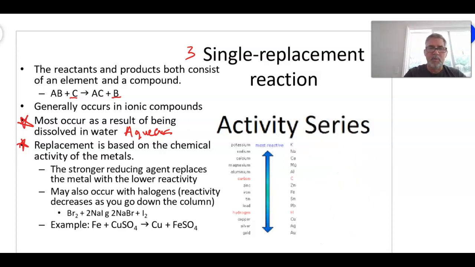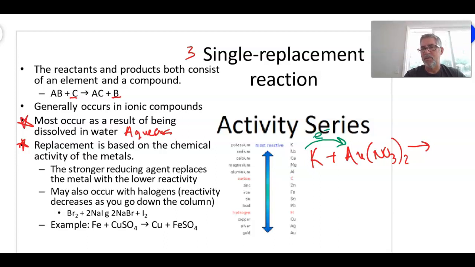All right. So if I had something like this, if I had potassium metal plus gold nitrate, if this was in water, the potassium would try to get rid of its electron to gold. Now the gold here is in its ionic form. So if it can gain electrons, it could become gold metal again.